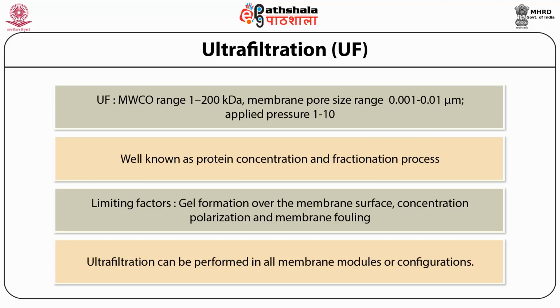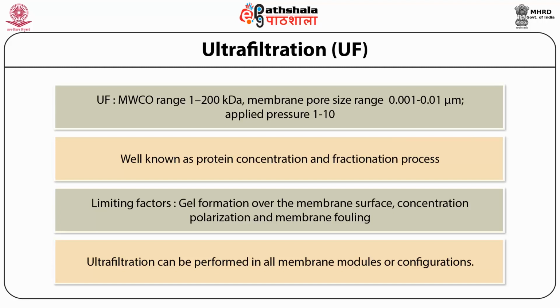During ultrafiltration, only water, lactose or the sugars, minerals and vitamins move into the permeate, but fat, bacteria and proteins are retained as well as concentrated in the retentate. So it is used as a concentration process particularly for protein and fats. Gel formation over the membrane surface, concentration polarization and membrane fouling are the main limiting factors during ultrafiltration.